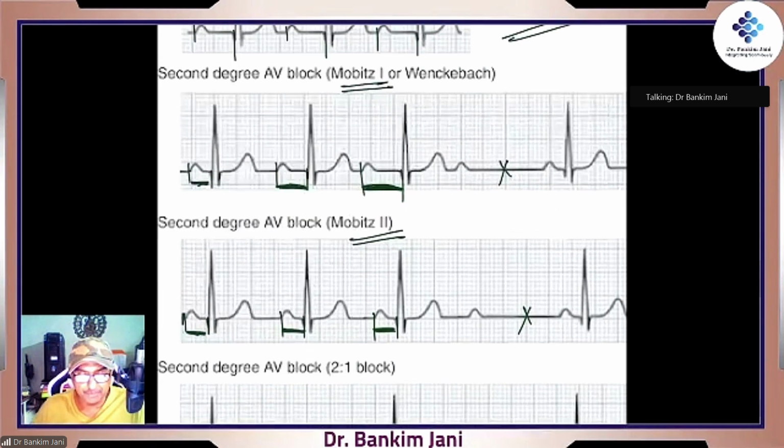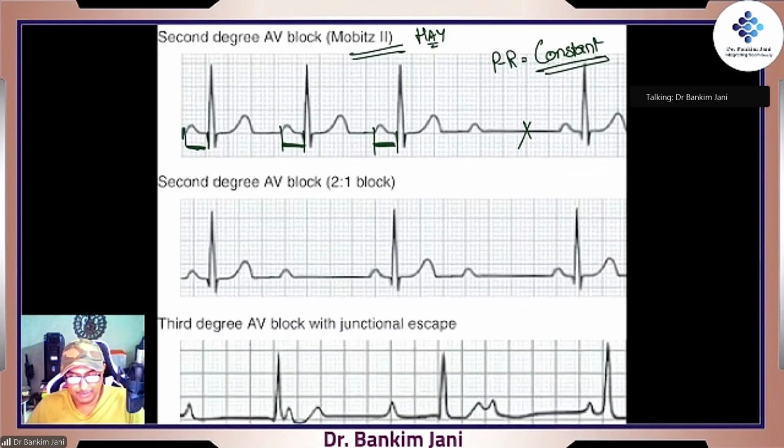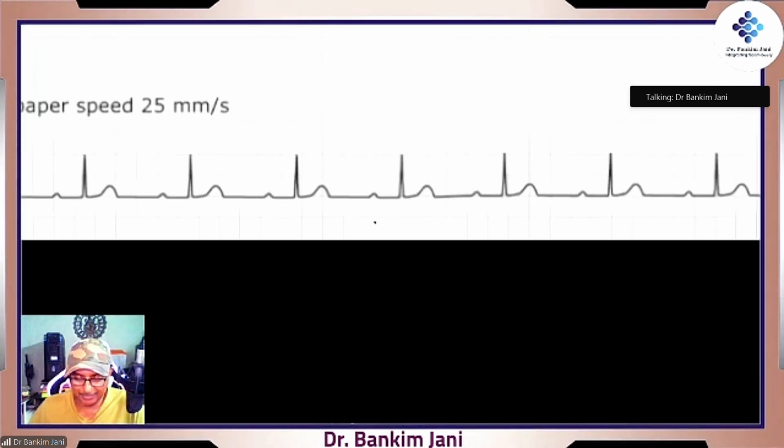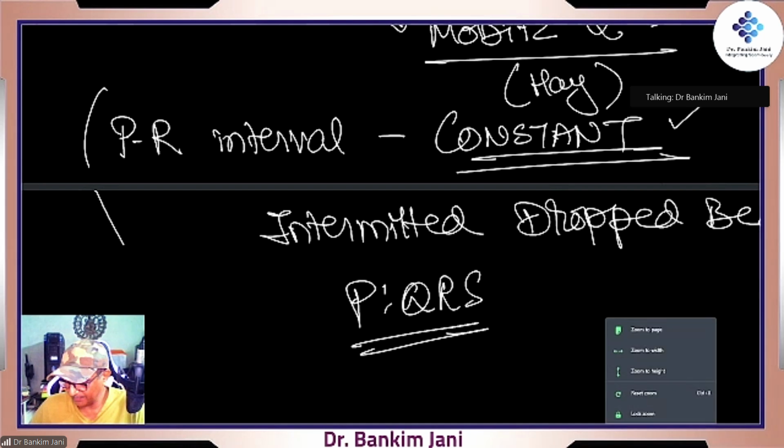There is a drop beat in both of them, in both the cases. But over here, PR interval is progressively increasing, while in this case, PR interval is constant. We'll come to this just in a minute, because that is a variation and it's very interesting.